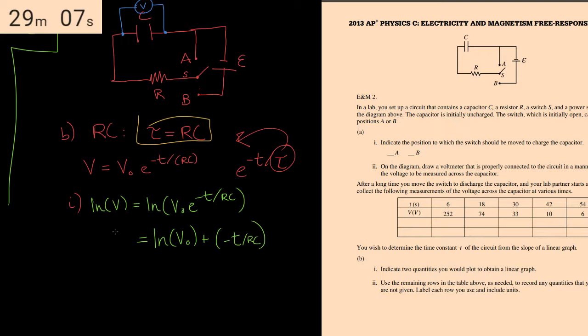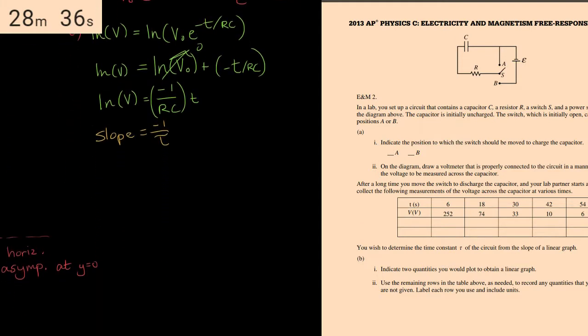This is the natural log of voltage, and this is just some constant. Who cares? We're calculating the slope. We find that the natural log of v is equal to negative 1 over RC times t. So if we plot natural log of v versus t, the slope is going to be negative 1 over RC, or negative 1 over the time constant. We find the slope, we find the time constant.